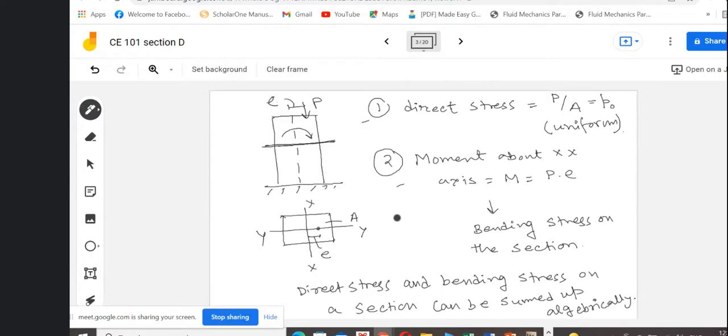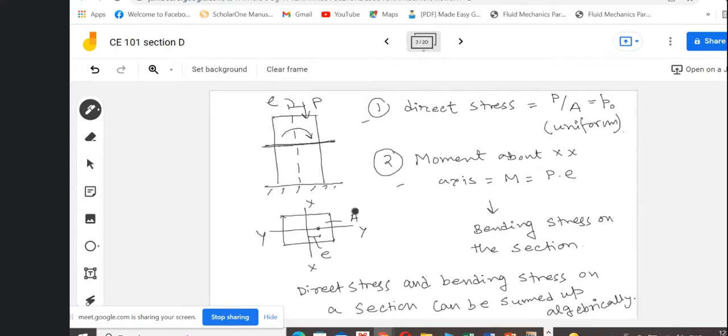Algebraically means they will consider the plus minus sign. If both the direct stress and bending stress are in the same direction, in both cases it will have plus and they will add up. If the direct stress and the bending stress are opposite in direction, then there will be a negative sign between these two and one stress will be reduced from the other value. So this term algebraically is very important here.